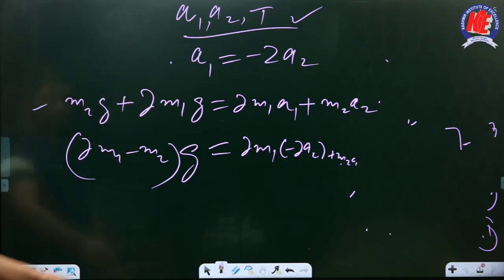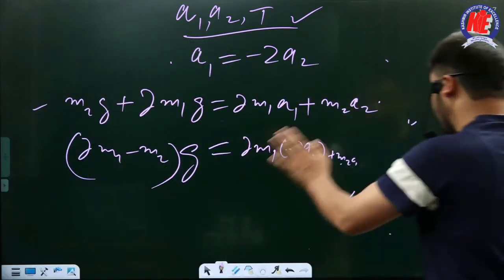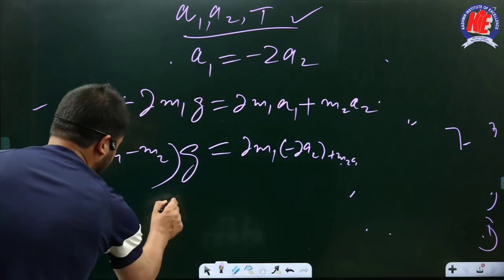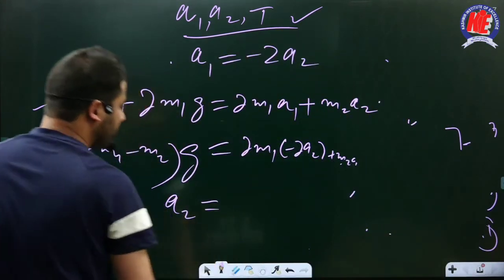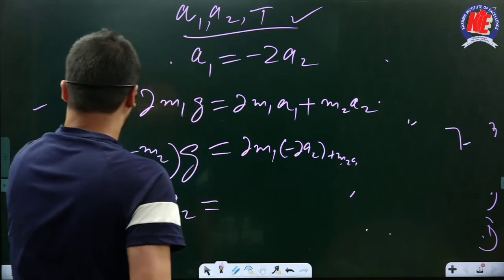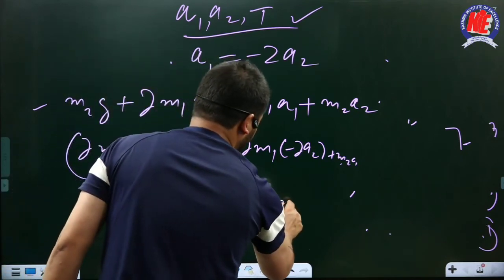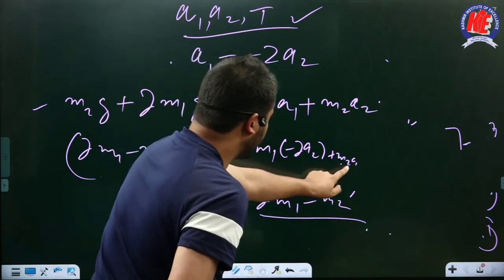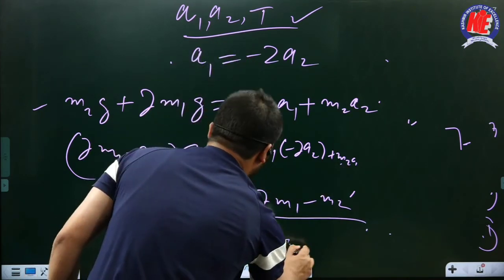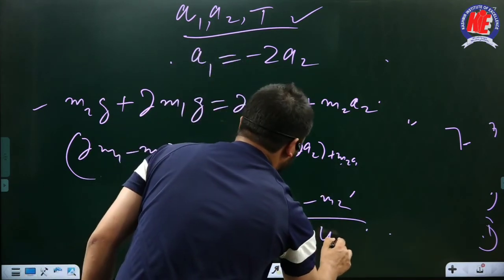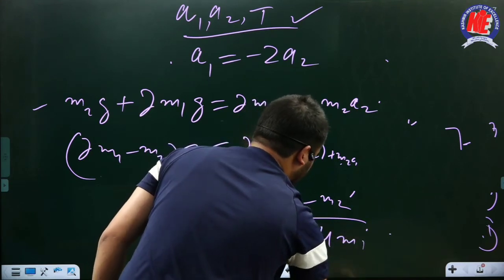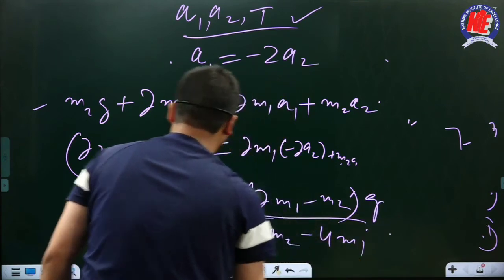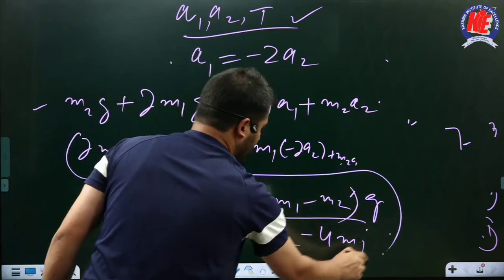All right, so I will get the value of a2 here. Very simple, the value of a2 will be 2 times m1 minus m2, divided by m2 minus 4 times m1, times g. This will be the value of a2 here.